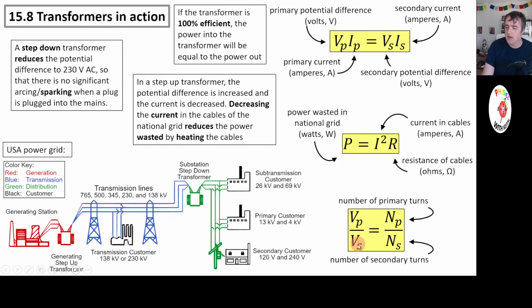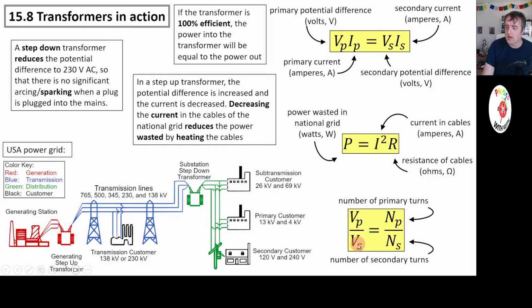Don't say N is the number of coils. There's one coil, but it's got a different number of turns on it. So if we look at the previous example, I think this is 15 turns on the primary, 6 on the secondary.